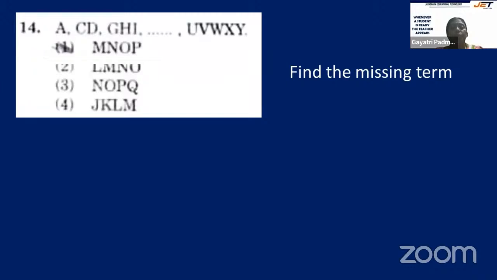We have the 14th one. We have A, CD, GHI, dash, UVXYZ. So the numbers keep on increasing: 1, 2, 3, next should be 4. So that you have 5 next. All right?